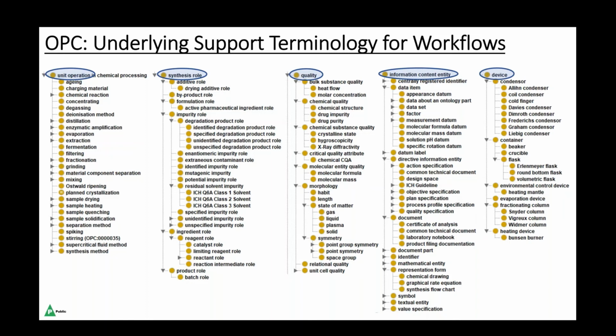We borrowed a lot of terms from other ontologies, and some terms are also OPC specific, and we align them together. Also want to say, not all terms are really for workflows, but they are needed to support how we can study workflows, how we can do data reasoning, inference, and data mining. So yeah, it's very well organized.